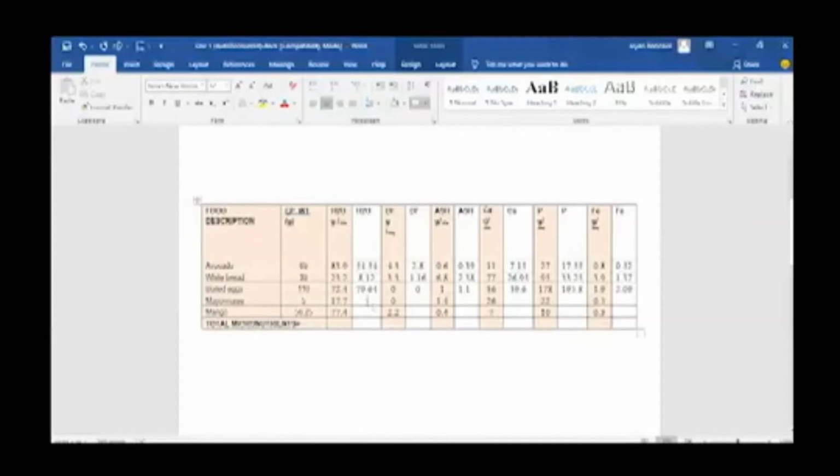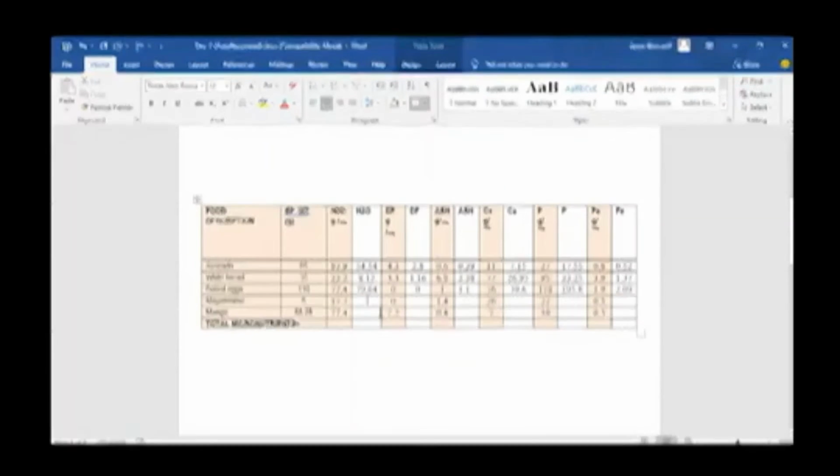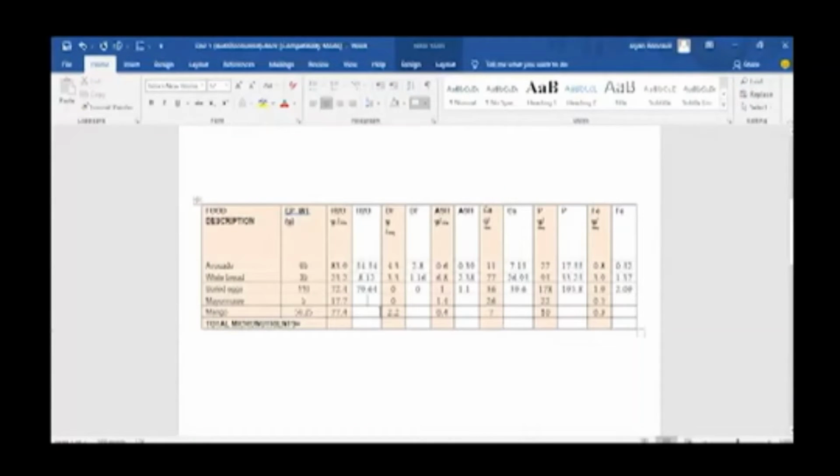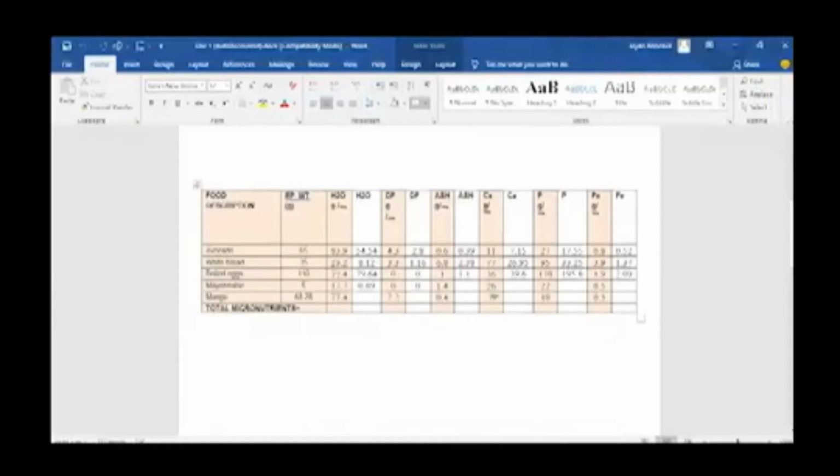For mayonnaise, 17.7 times 5 over 100 is equal to 0.89. This 0 is automatically 0. 1.4 times 5 divided by 100 is equal to 0.07.